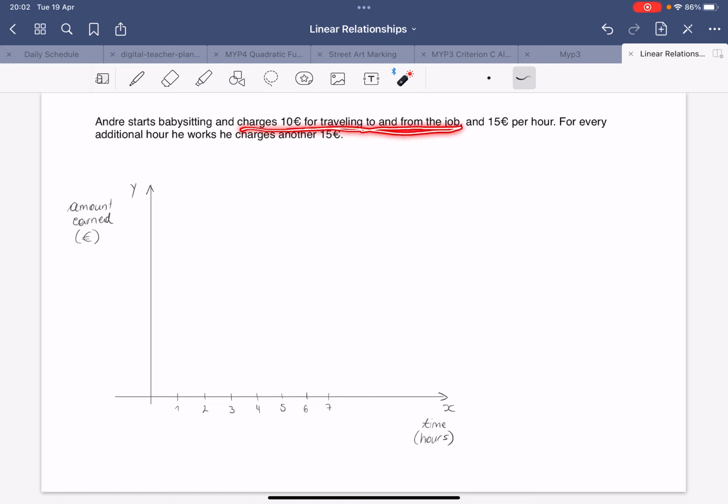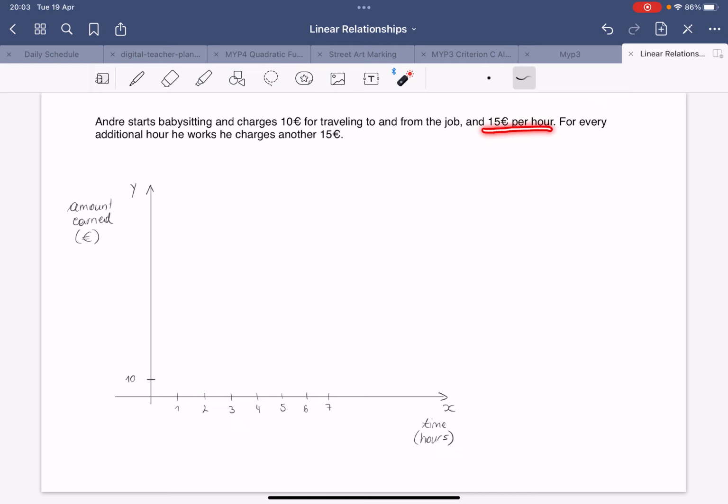So he hasn't actually worked yet, but he charges €10 for the travel, the commute that he takes. So that's where he starts. He starts at €10.